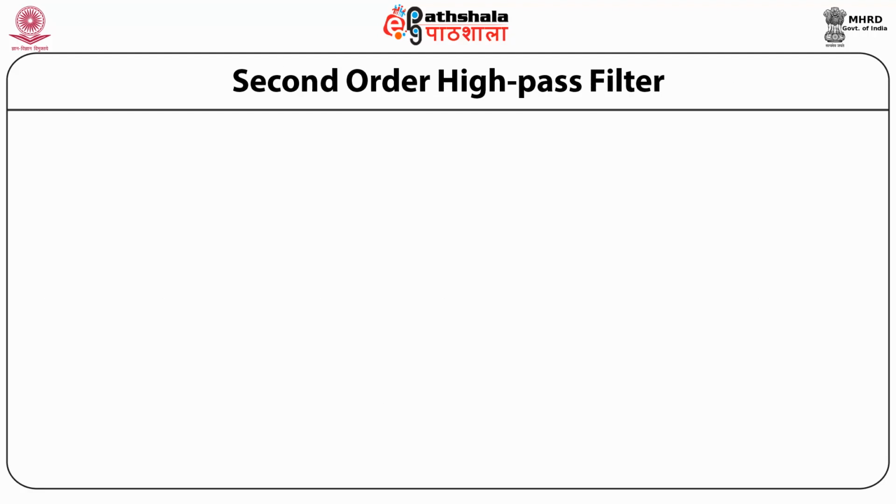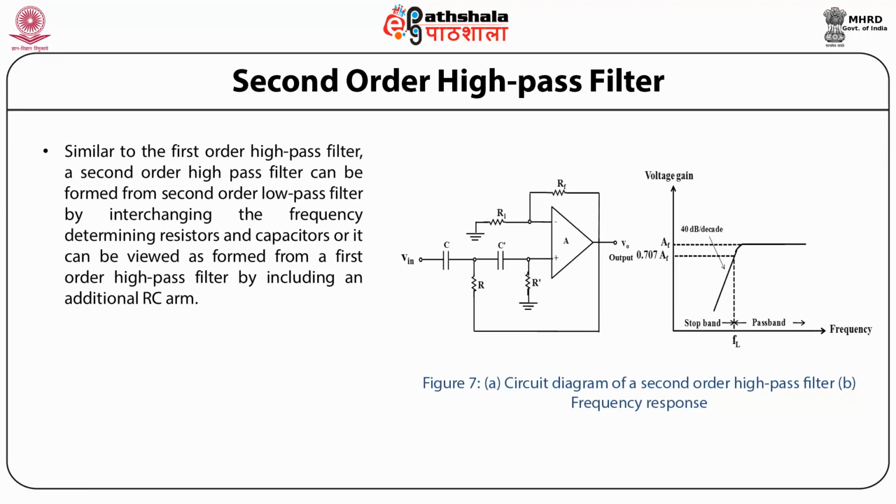We next take up the second order high pass filter. Similar to the first order high pass filter, a second order high pass filter can be formed from a second order low pass filter by interchanging the frequency determining resistors and capacitors, or it can be viewed as formed from a first order high pass filter by including an additional RC arm.